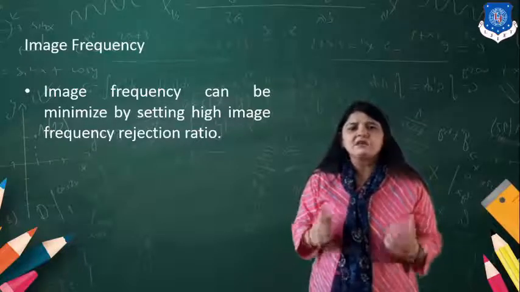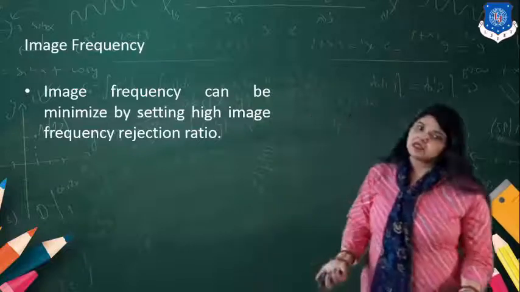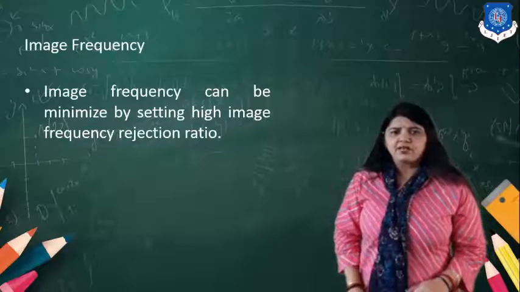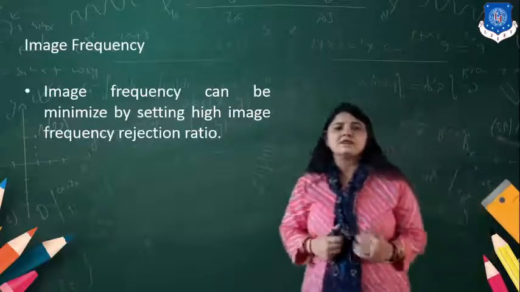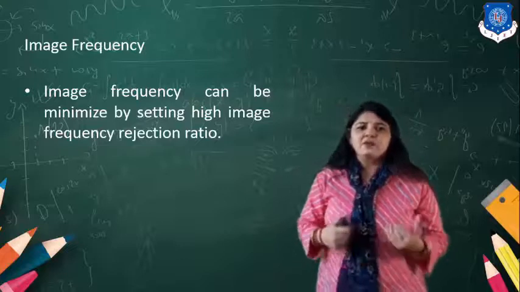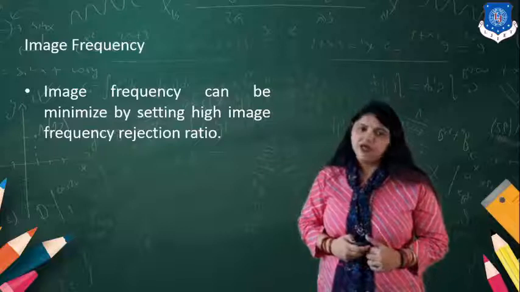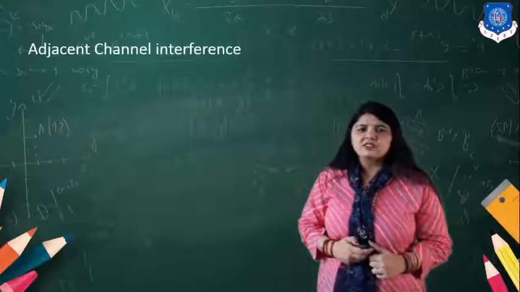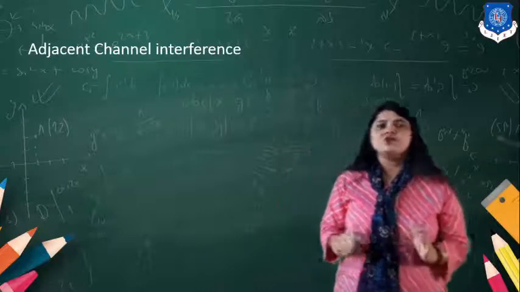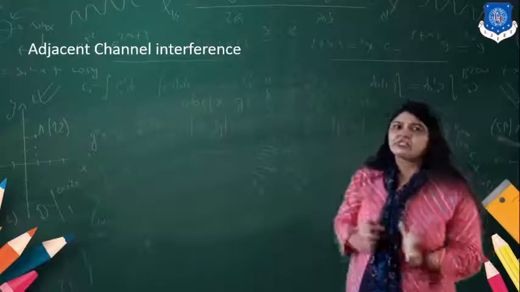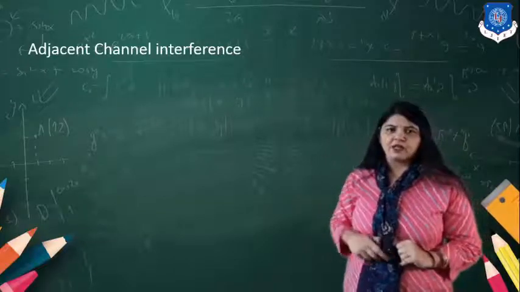This image frequency can cause interference in the communication. So we minimize it by setting the high frequency rejection ratio. This way we can reject the frequency, so that we have only a single frequency on which the output is available.